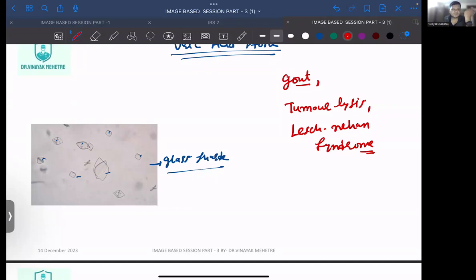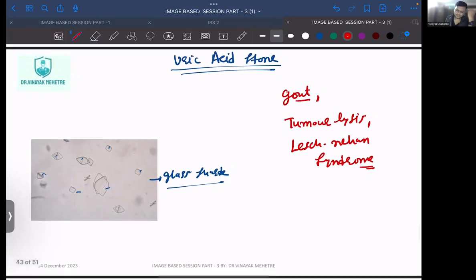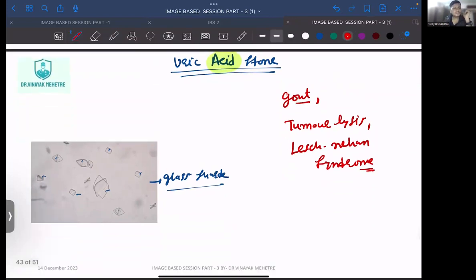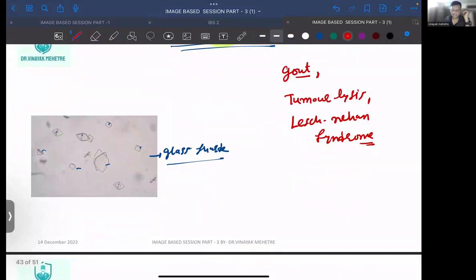Now tell me what will be the treatment for this? मेडिकल मैनेजमेंट क्या होंगे? Patient is going to have acidic urine, right? So what can we do? We can make urine alkaline. How can we make urine alkaline? गाउट में देते क्या है? आलू एंड पूरी, राइट? आलू एंड पूरी, that is allopurinol.